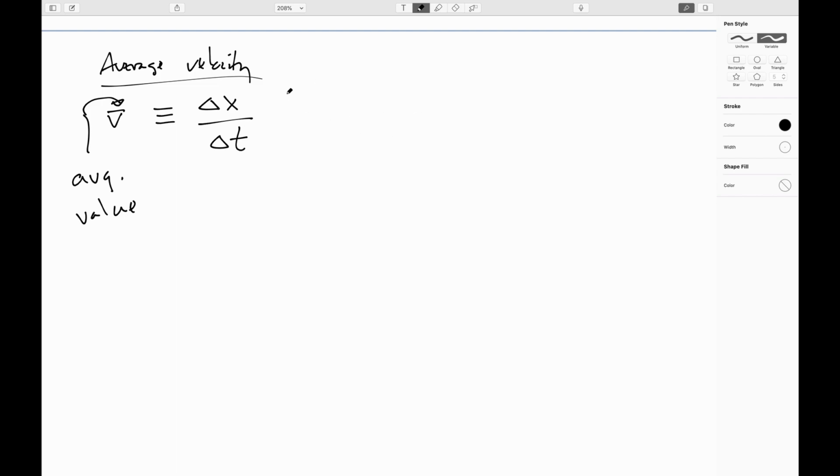So the displacement over the time. This is displacement up here. This is our elapsed time down here.